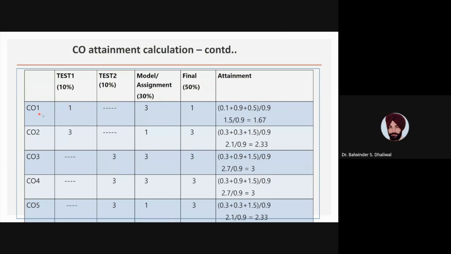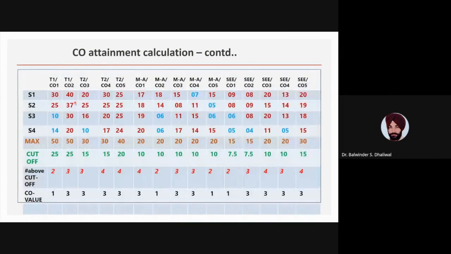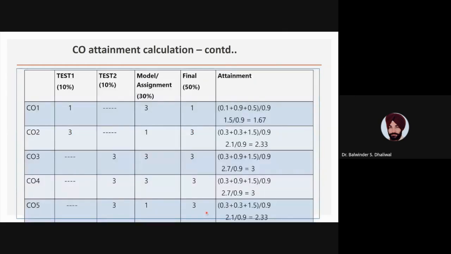CO1 we have calculated from test 1, model assignment, as well as final. In test 1, CO1 attainment was 1, then 3 in the model assignment, and 1 from the final semester end examination, right? So those values are written in this table.